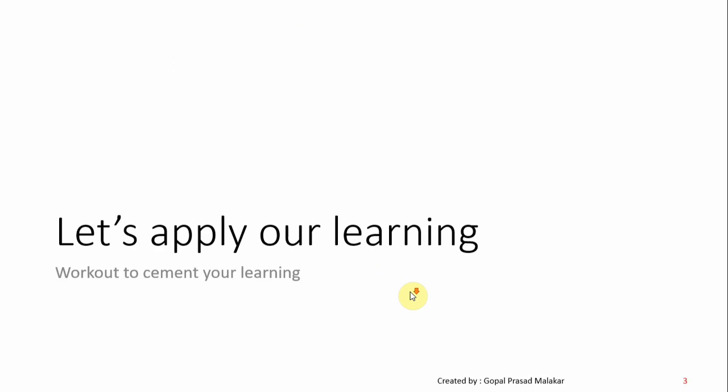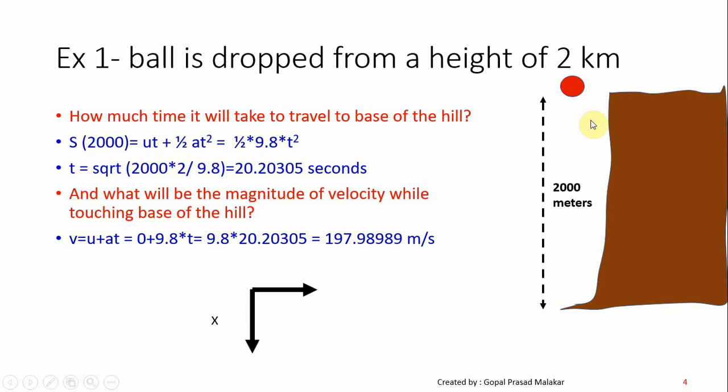So if you recall, this is how we solved it. If you dropped a ball from 2 kilometer height, how much time does it take? U is 0 because you just dropped it. Half a t square, half 9.8 t square, and we got t equal to 20.20305 seconds.